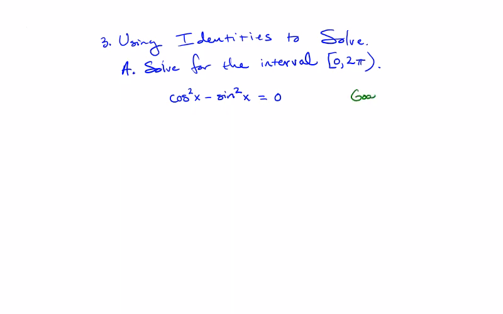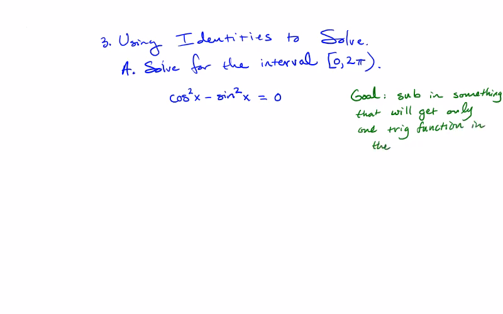So your goal is to substitute in something, using an identity, that will get only one trig function in the problem.